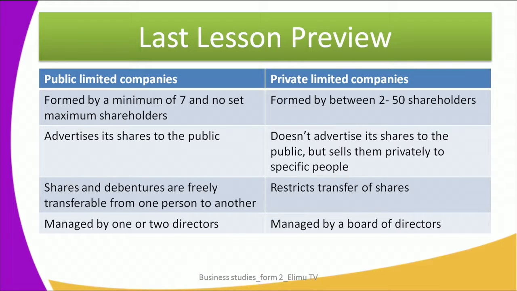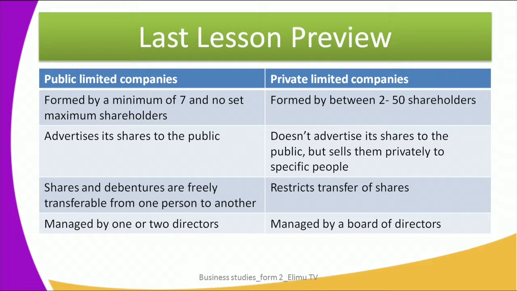So a shareholder can easily sell the shares to a fellow shareholder without consulting other shareholders or without getting any permission from the company. But for a private limited company, you find that transfer of shares is restricted, and therefore shareholders cannot transfer their shares before they get permission from fellow shareholders.